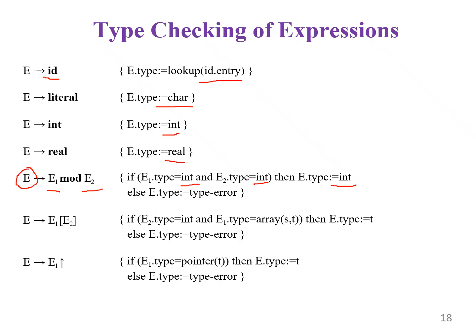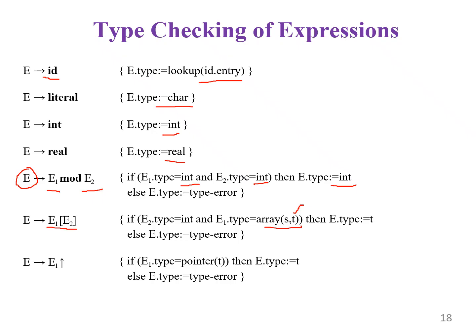Next comes E tends to E1 of E2, which means it is some array type. Here it is of the form of an array, such that E2.type is an integer and E1.type is of the form array of s comma t, where this t should be an integer form.